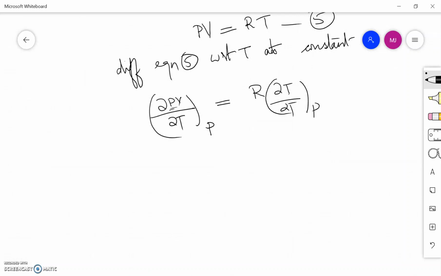Since pressure is a constant, we can write this as P ∂V/∂T at constant pressure equal to R. This is equation number 6.